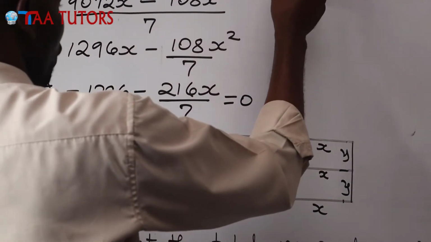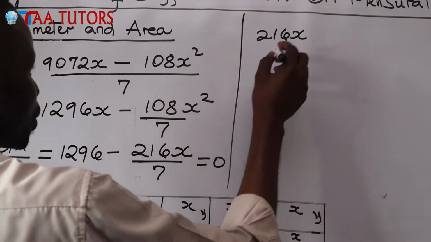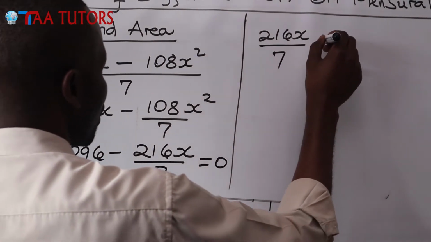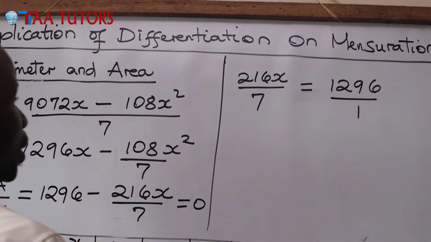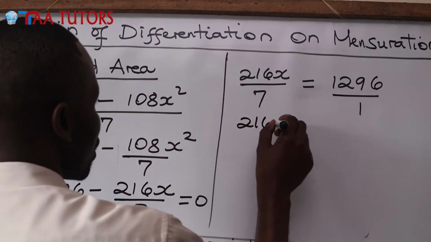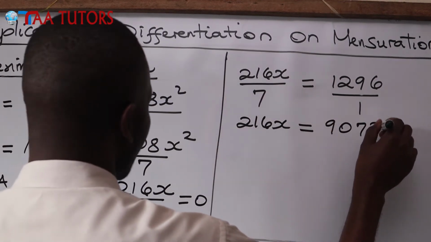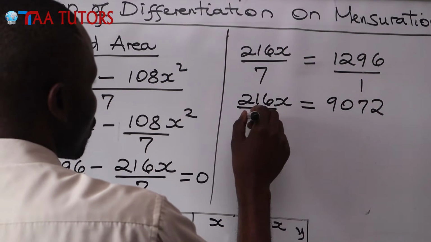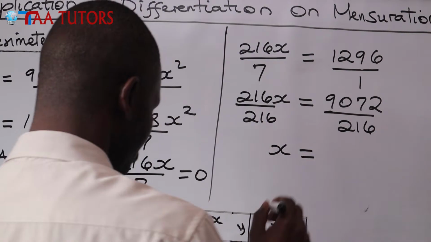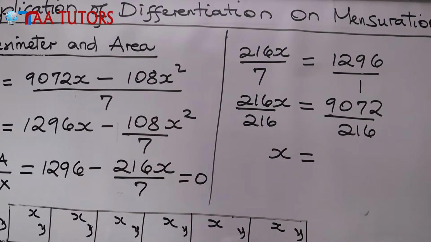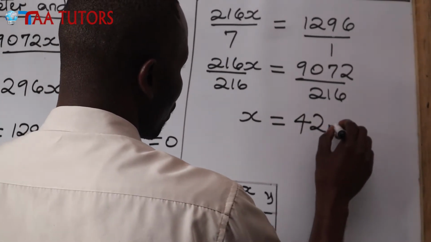So 216x over 7 equals 1296. We multiply this by this and get 216x equals 9072, divided by 216, we get x equals 42 meters.